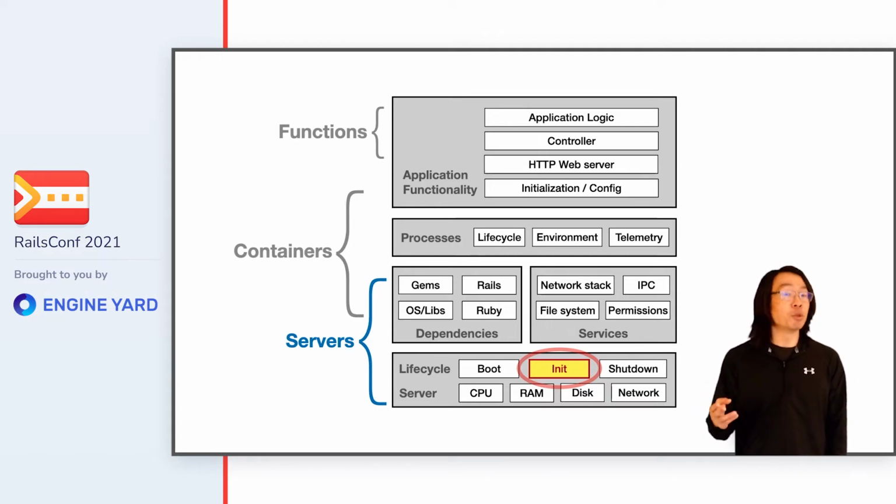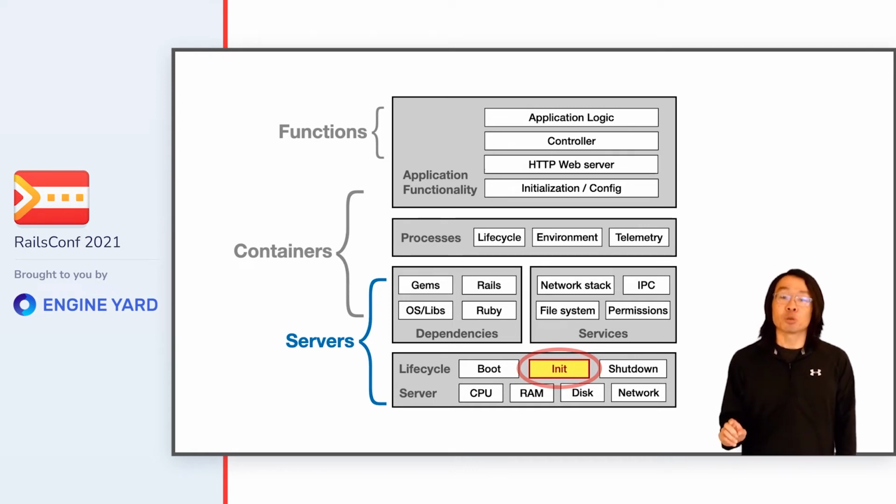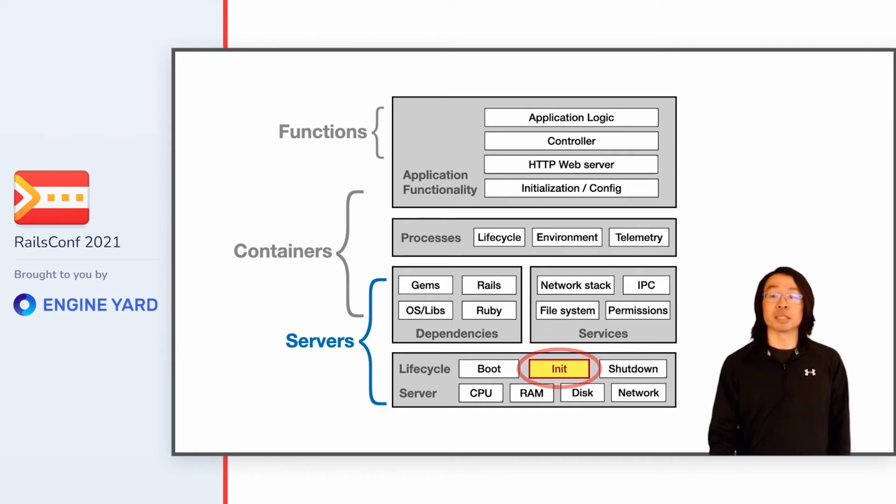You're not rebooting your machine all the time. So if you start your Rails app as part of this boot process, then it's probably okay for the Rails initialization to be kind of slow. And indeed, it does tend to take its time. It's common practice for Rails initialization to be used to set up connections or to warm up caches and so forth, time-consuming tasks. But the container abstraction is different.